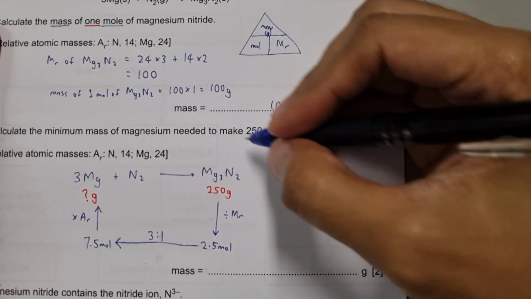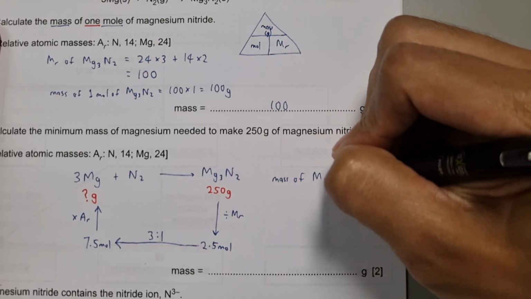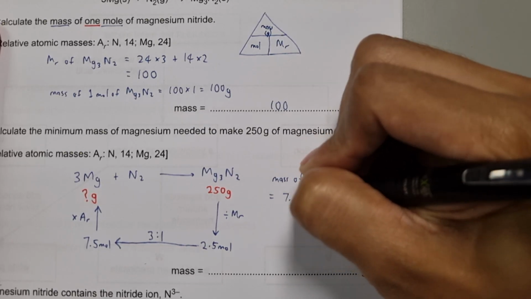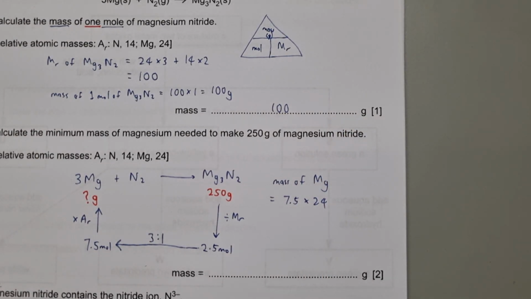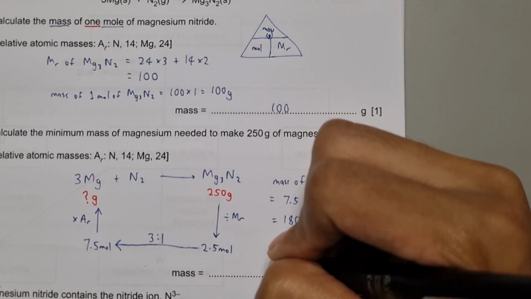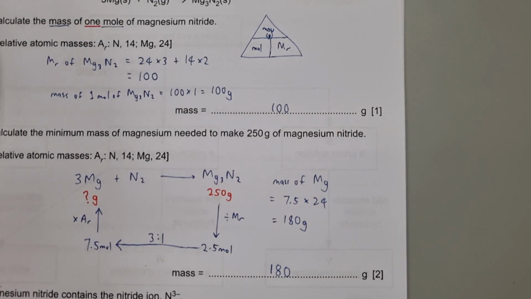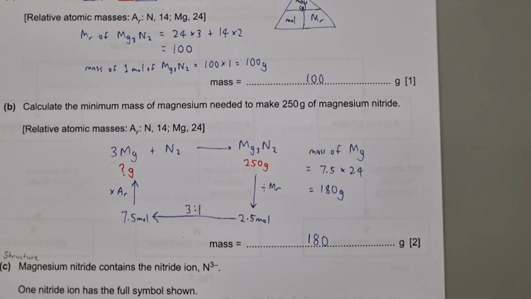So mass of Mg would be 7.5 multiplied by 24, and I get 180 grams. Quite easy.